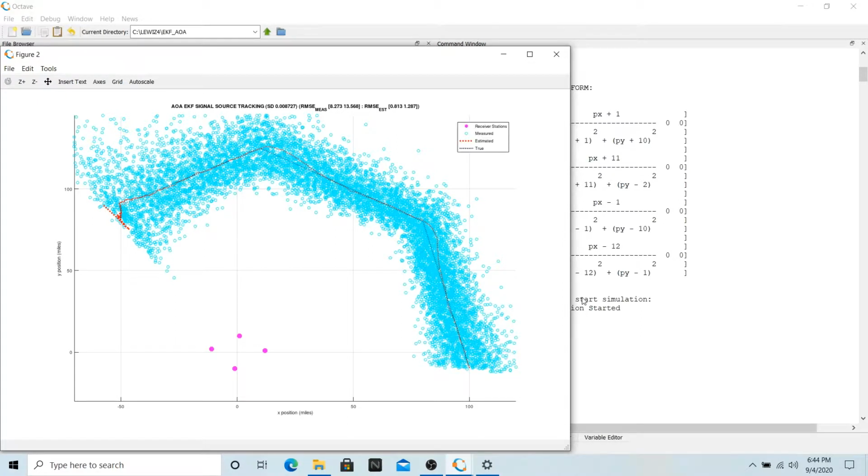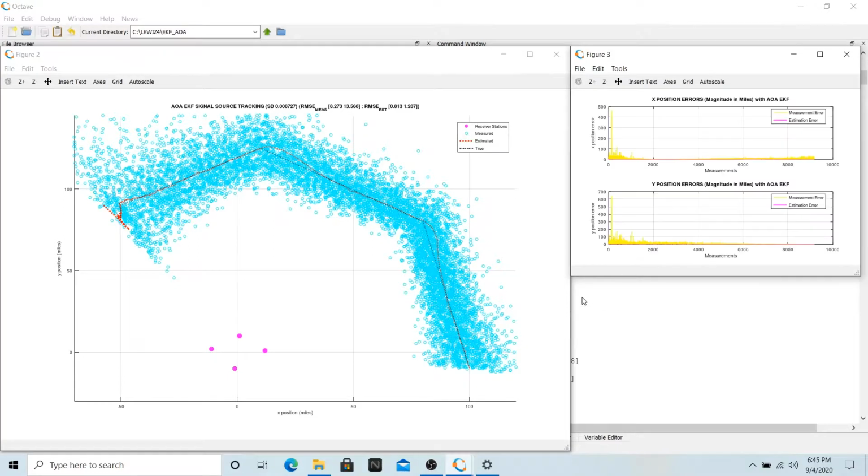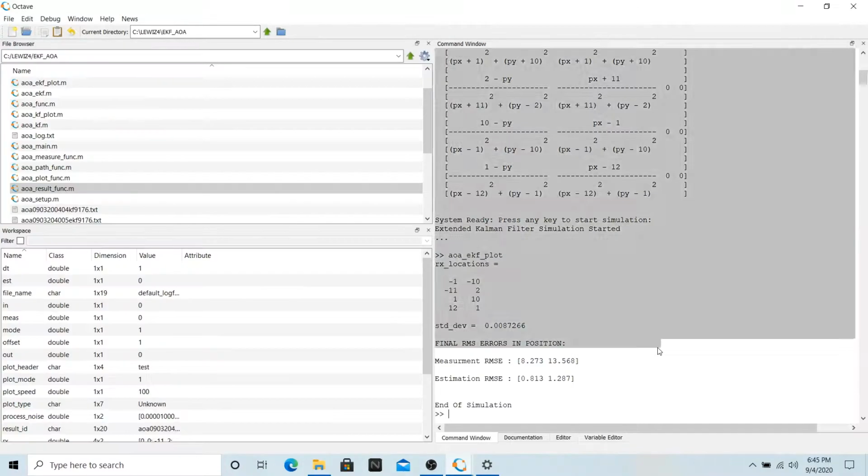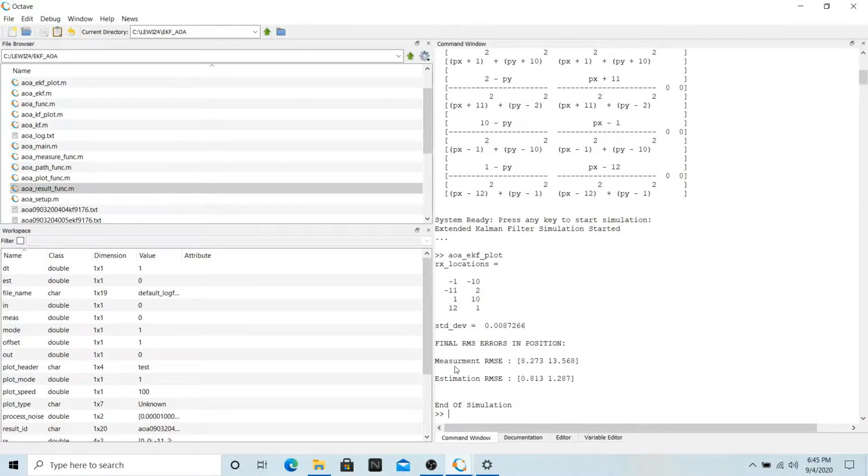It is also able to significantly reduce the final error after each direction change of the object path. And in the command window, the final root mean square error for measurement was 8.27 and 13.56, which is greatly reduced to 0.81 and 1.28.